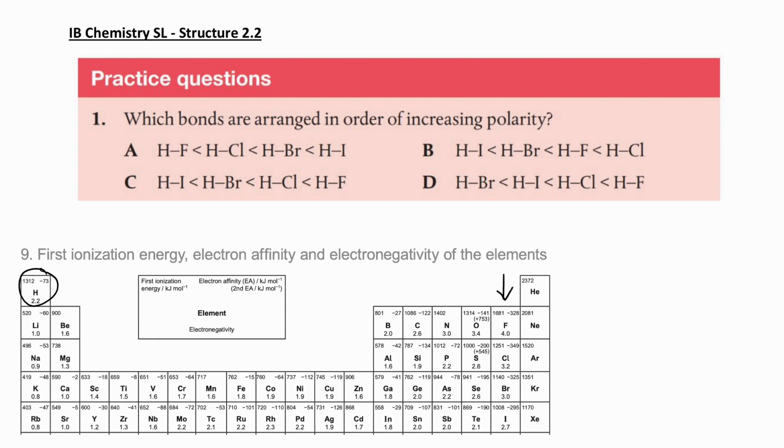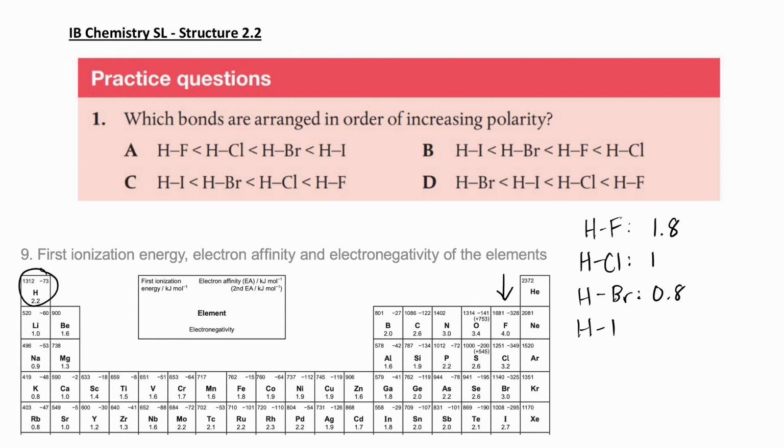If we are looking at fluorine, we know fluorine is the most electronegative element on the periodic table. The difference between fluorine and hydrogen would be a difference in electronegativity of 1.8. And then hydrogen to chlorine would be a difference of 1. And then hydrogen to bromine would be a difference of 0.8.